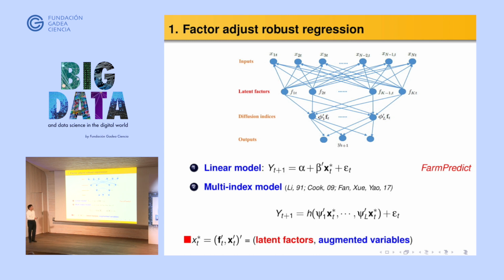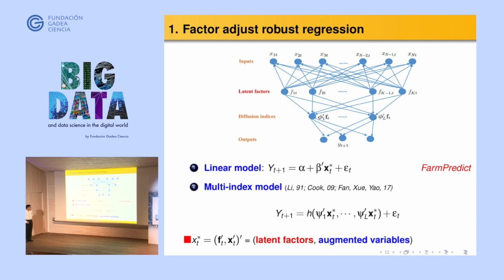So you can build in the index in between, so this looks like deep learning with 3 or 4 layers, depending on how you count it. In this case it would be a linear regression, and this is the same model that Jiwei was talking about. So this is really factor-adjusted robust prediction.